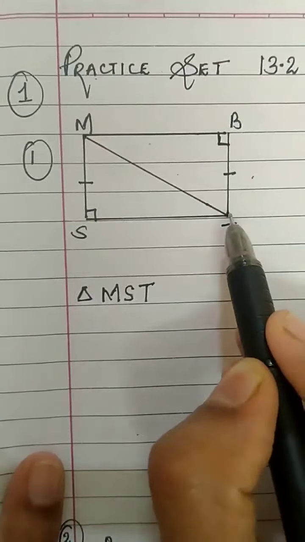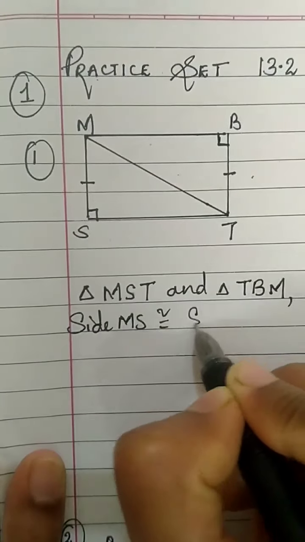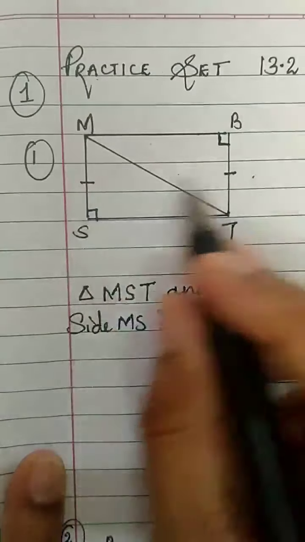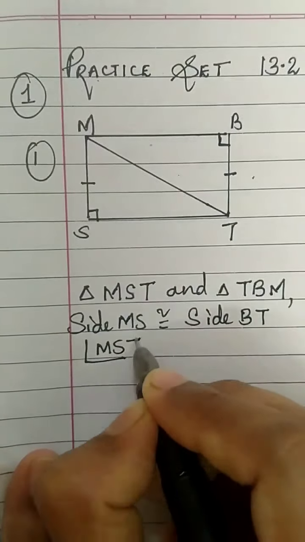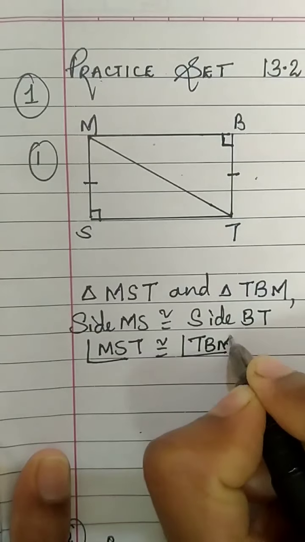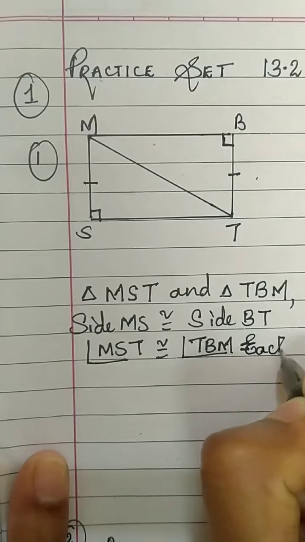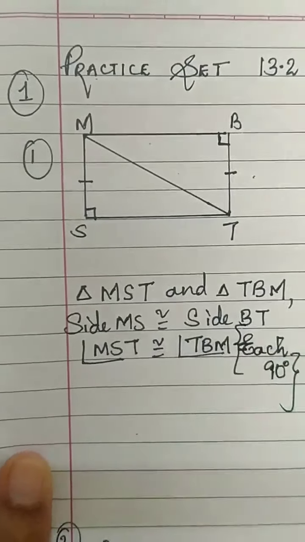How will you prove these two triangles congruent? First we will write side MS congruent to side BT, since they have identical marks. Then angle MST congruent to angle TBM, each a 90-degree angle.